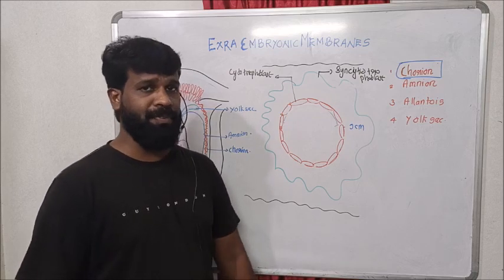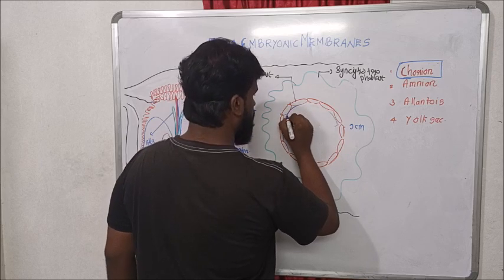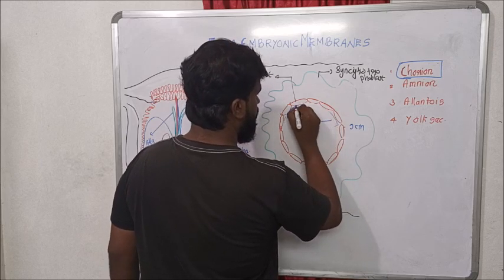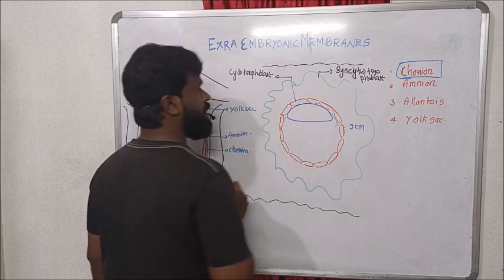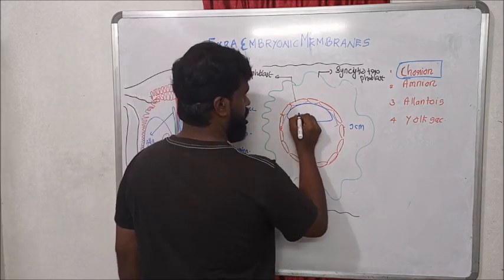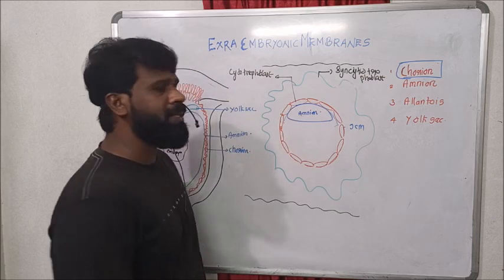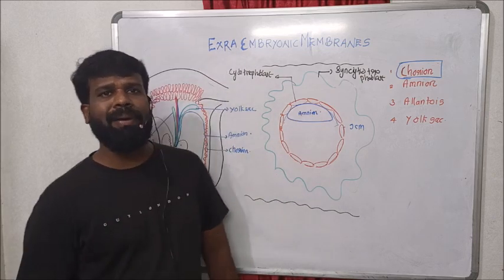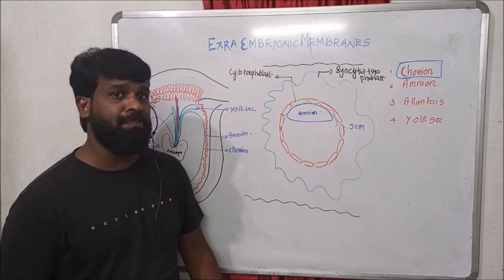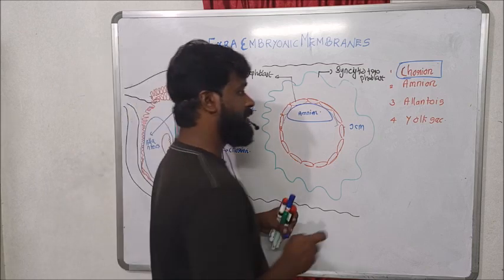Here, this is the cavity, amnion. In humans, this amnion is formed by a cavitation in the epiblast. You know epiblast.